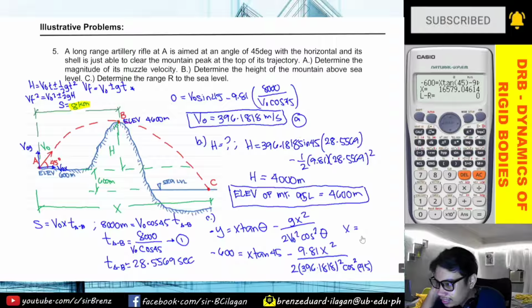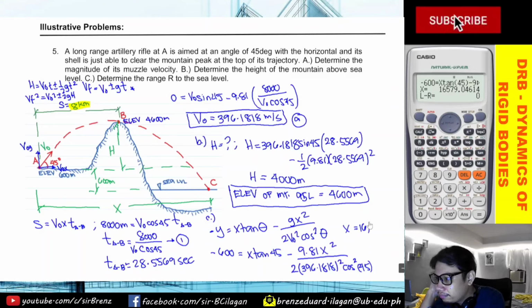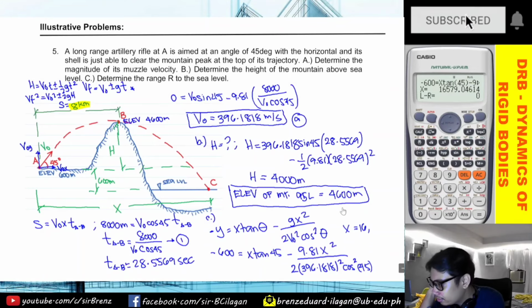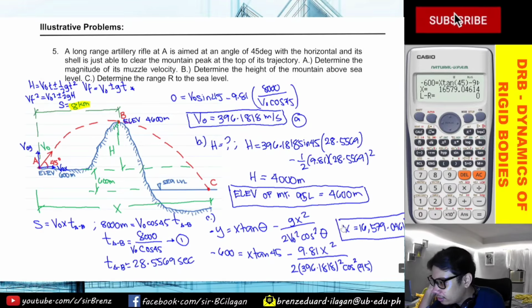So, the answer is 16 kilometers, 16,579.0461 meters. Ayan. So this is the answer for letter C.